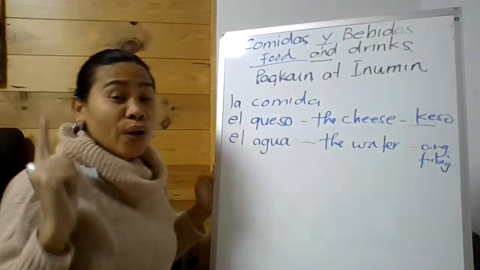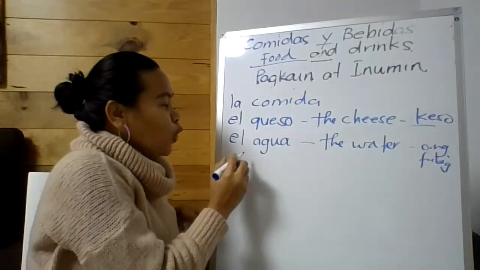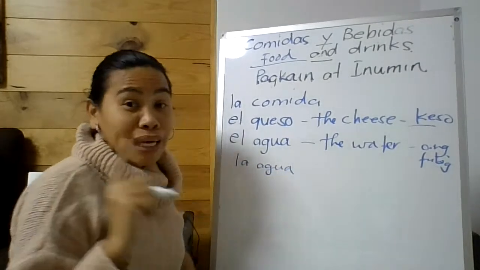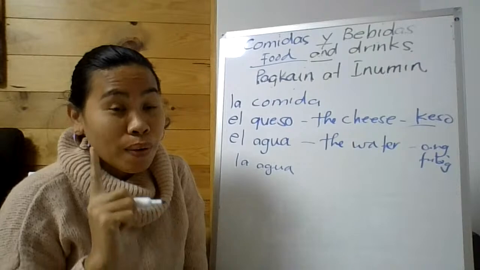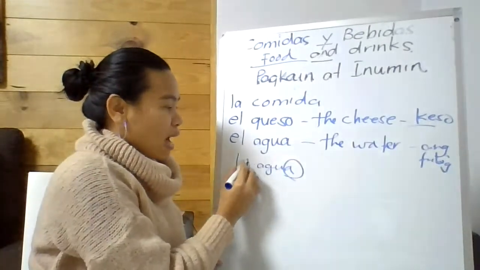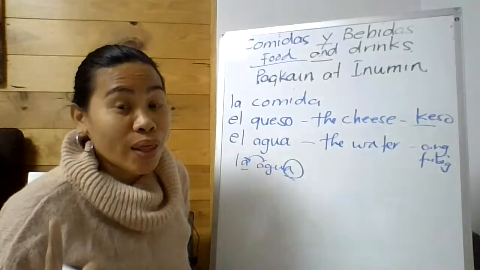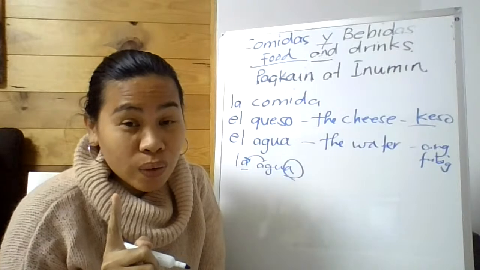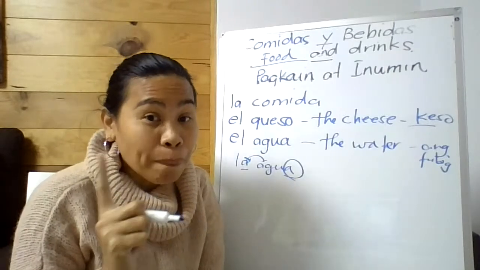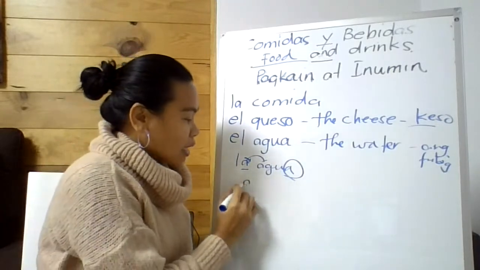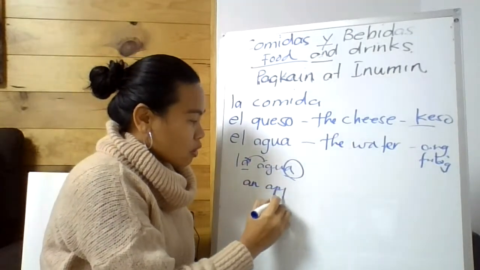Okay. ¿Por qué el agua? No la agua. Porque agua es femenino. ¿Por qué la agua? Same with the apple. You cannot say a apple. It should be an apple porque choca. An apple.